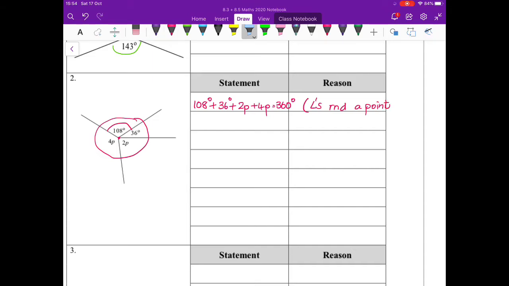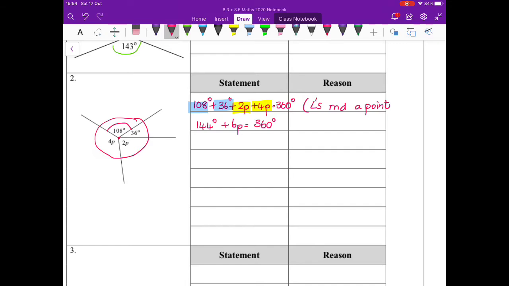Right, I'm going to gather like terms. So I'm going to add 108 and 36, which gives me 144 degrees. Plus, these are like terms, 2p plus 4p will give me 6p, equals 360 degrees. I'm calculating, so I do not need a reason.